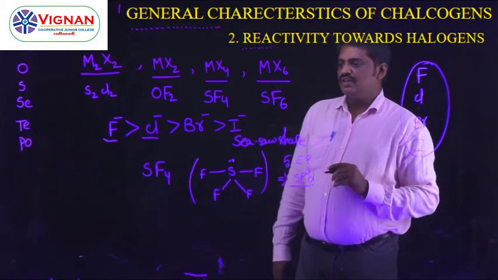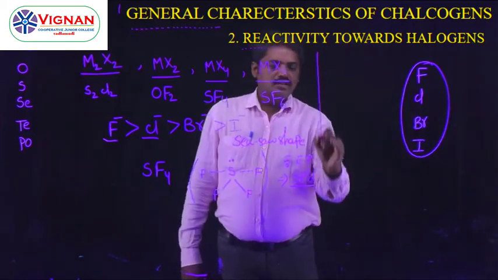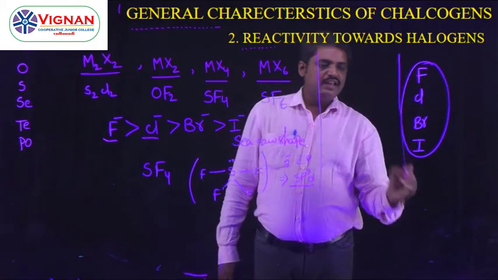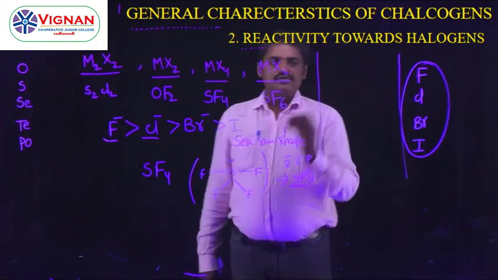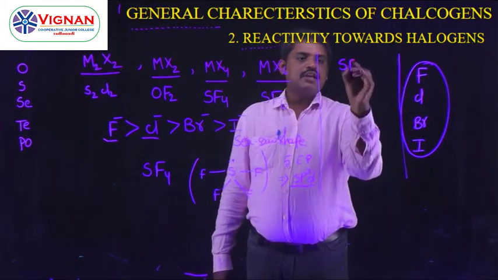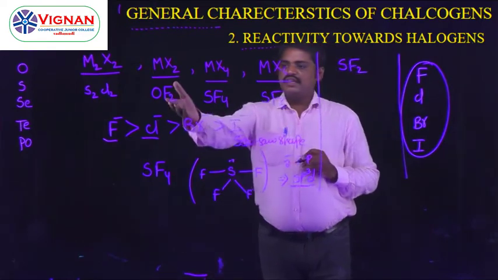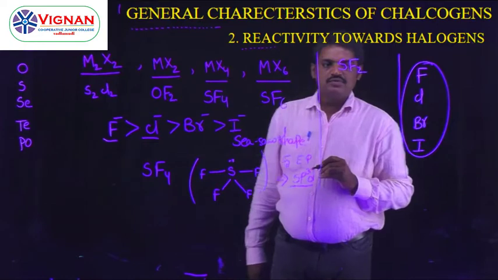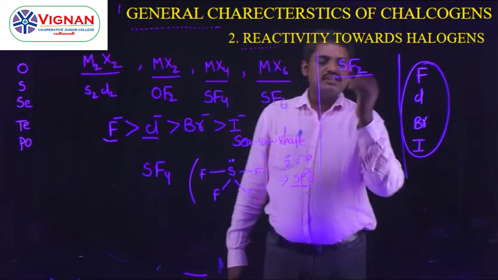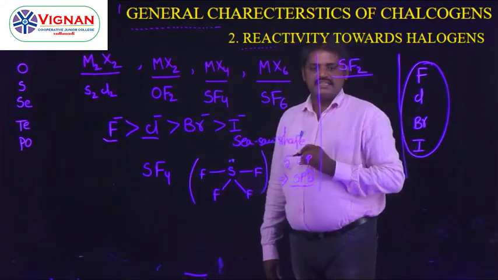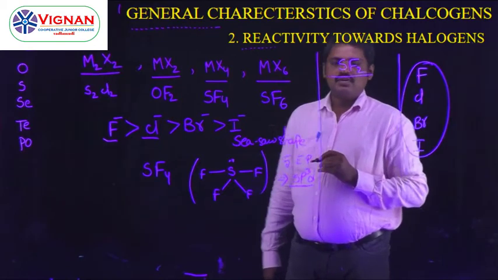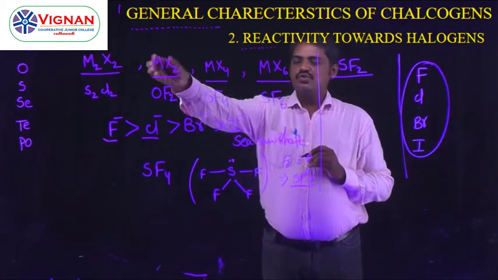And next one, similarly SF2, an MX2 type of halide. Another example is OF2. I am going to discuss the structure of the SF2 molecule. This molecule belongs to the MX2 type.